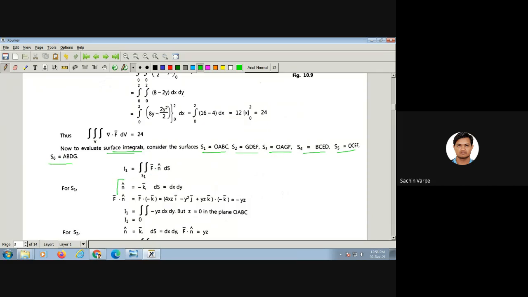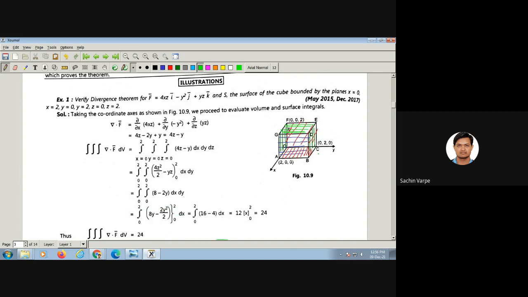For S1, n cap is k cap because S1 is OABC. Can you see the OABC here? OABC, that is the bottom plane z equal to 0. As I already discussed yesterday, for this bottom plane, n cap will be in the downward direction because n cap must be the unit outward normal, right? So here n cap is minus k cap.